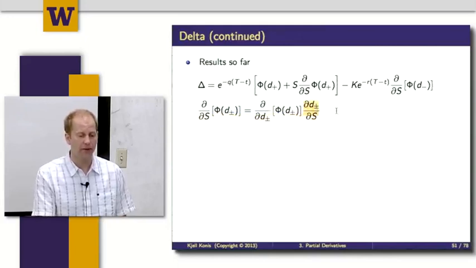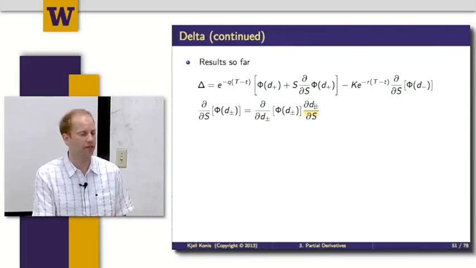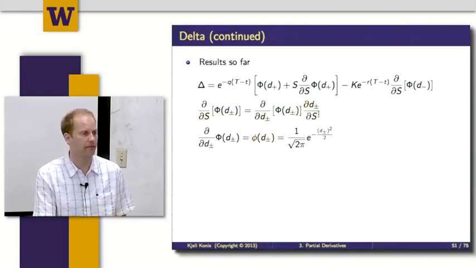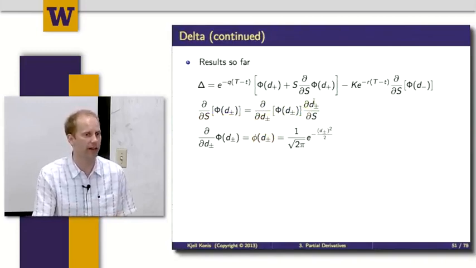And I still need this part here, so the partial derivative of d plus or minus with respect to s. So I have the first term here is this guy. And now to get the full derivative, I still need to evaluate the derivative of d plus that kind of came out by the chain rule.